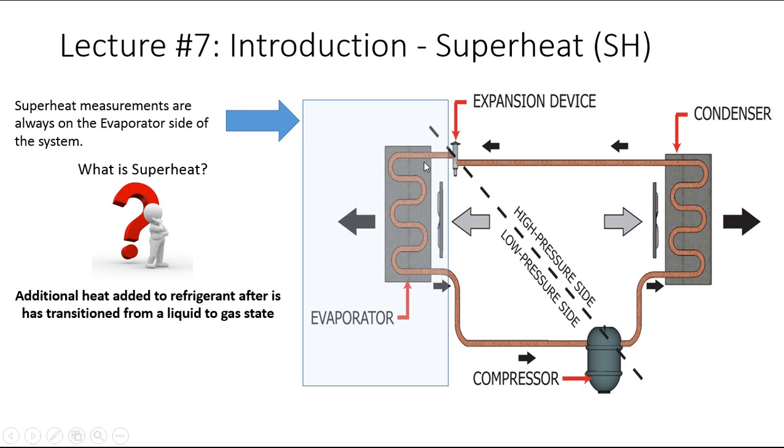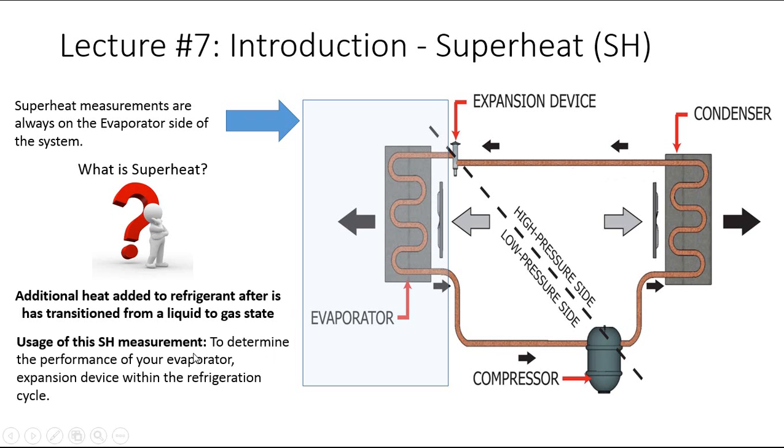In most evaporator systems, that's going to occur right around here. As that refrigerant is completing its journey through the evaporator, it's picking up additional heat. And knowing exactly where that occurs is a very valuable piece of information to a diagnostic technician.